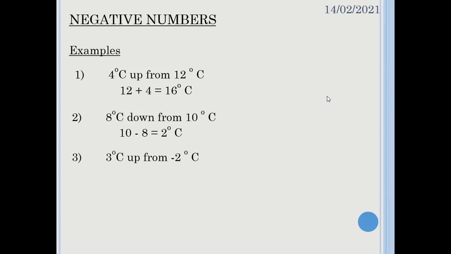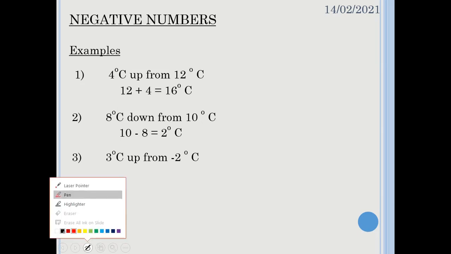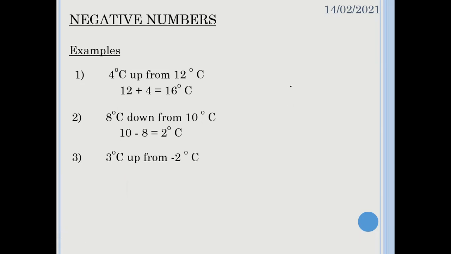3 up from -2 degrees Celsius. Let's think about that one. It's starting at a negative number, so if we quickly were to think about a number line or our thermometer, if that's 0, we've got -1, -2, and we'll put in 1, 2, 3.